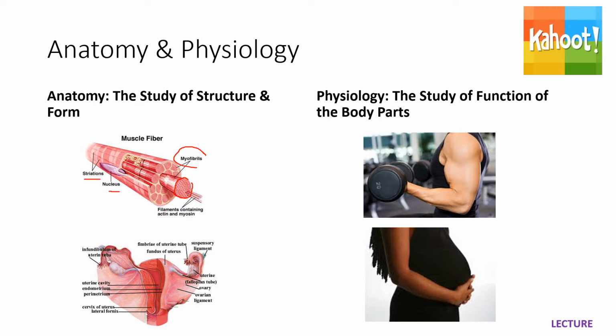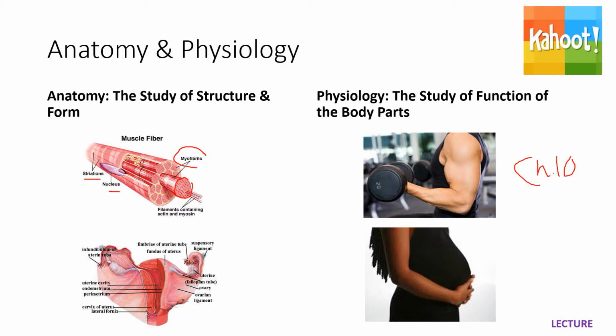The physiology would be like the contraction. We're going to talk all about the physiology in chapter 10 for muscles. These are just examples though. With the uterus, the uterus itself as an organ is something anatomical, and all of the different parts of the uterus. There's the fundus, there's the cervix, there's the different layers, the endometrium.